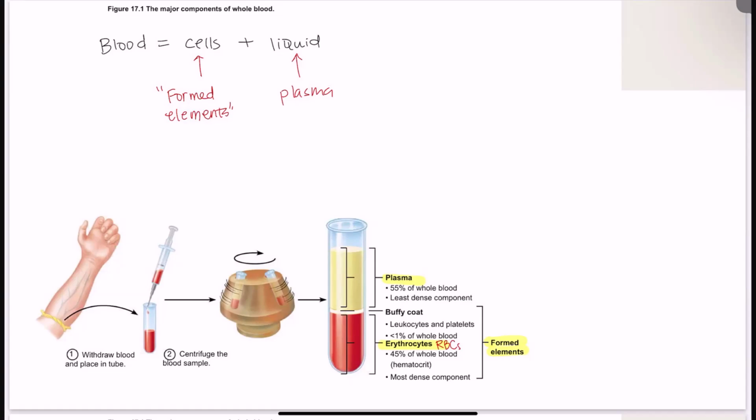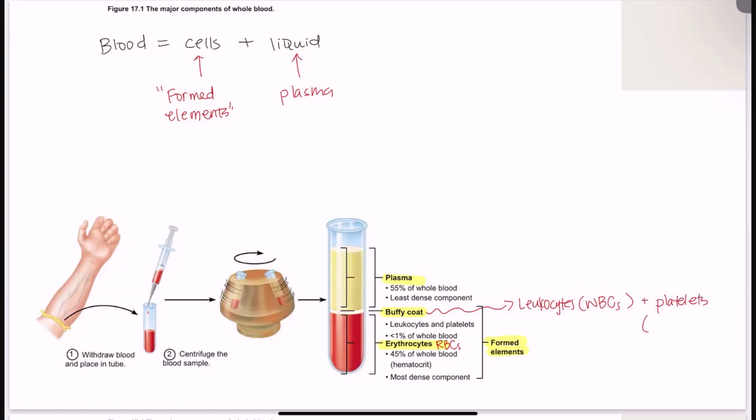The skinny white layer in the middle is called the buffy coat, and that consists of two different cell types. So draw this out. The buffy coat consists of leukocytes, which we can also call white blood cells, WBCs, and platelets.